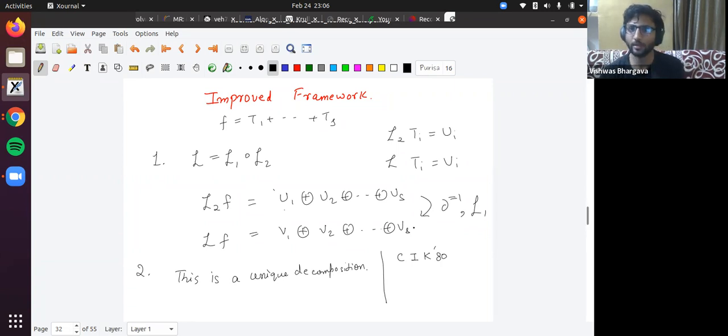So we'll run that algorithm, and we want it to be unique because if it's not unique, you don't know what you'll get out of the decomposition, whether it actually belongs to the original representation. All right. So these two things are important.